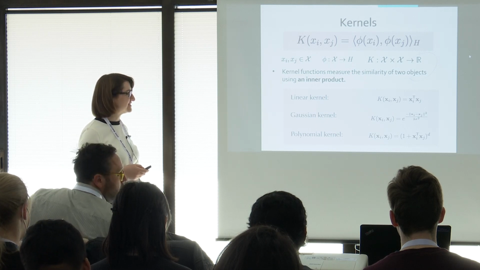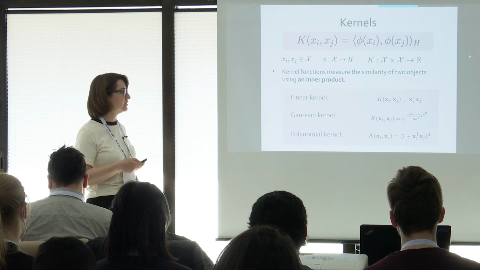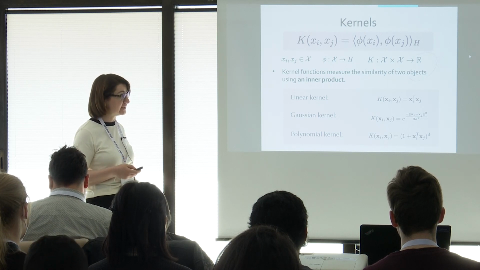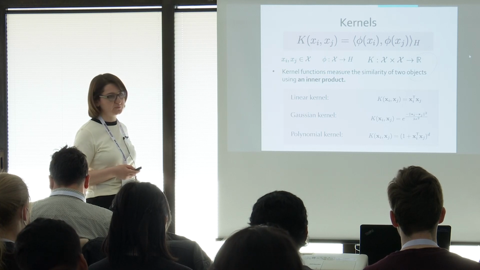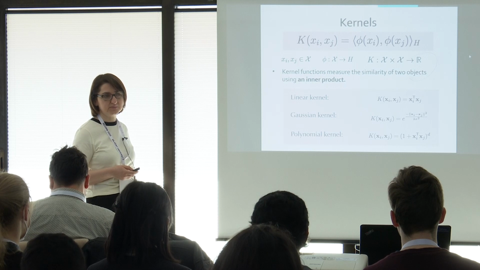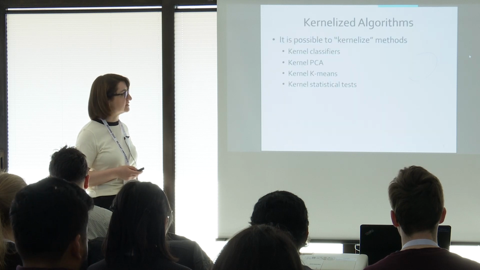But if you have ever run a kernel SVM, you would know we have the linear kernel, Gaussian kernel, polynomial kernel. These functions measure the similarity of any two objects. These objects can be documents, cats, graphs, trees, anything. It doesn't necessarily have to be just feature vectors.